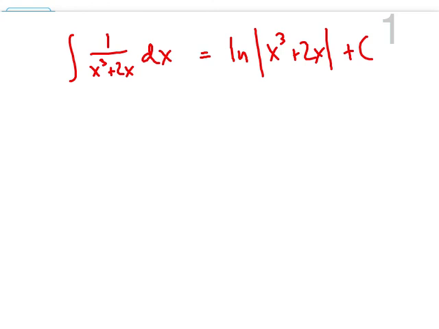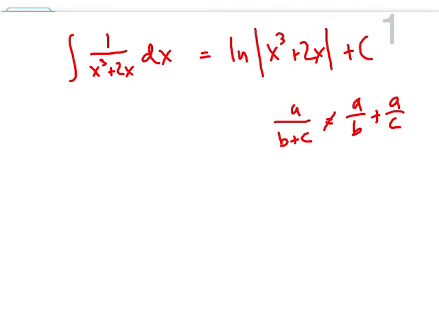So John, I'm thinking by your question, you're asking me, can I split it up into 1 over x cubed plus 1 over 2 to the x? Yes. That doesn't work. Mathematically, that's not sound math, because a over b plus c is not equal to a over b plus a over c. The only thing you can split is the numerators, not denominators. You can never split the denominator, only split numerators.